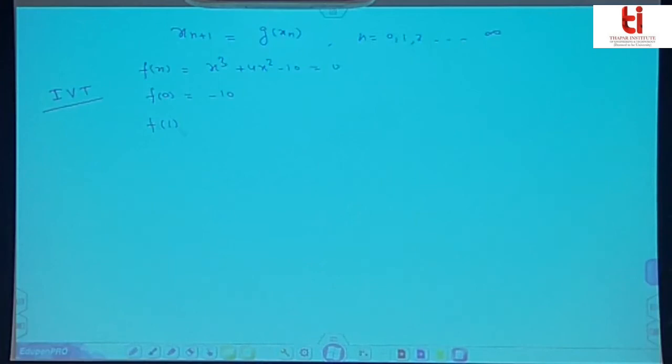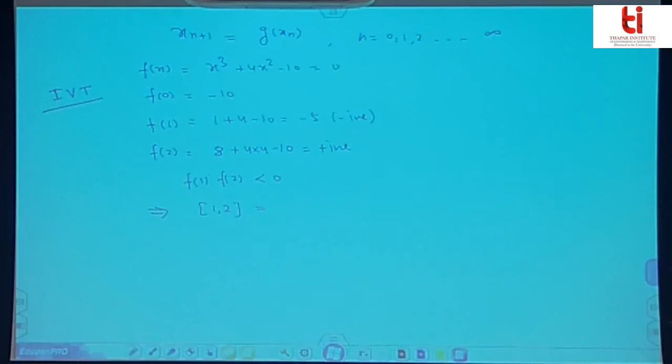Let us take f(1), it is coming out to be 1 plus 4 minus 10, that is minus 5, a negative value. f(2) is 8 plus 4 into 4 minus 10, it is a positive value. So f(1) times f(2) is less than 0, this implies that the root is lying inside the interval 1 to 2.